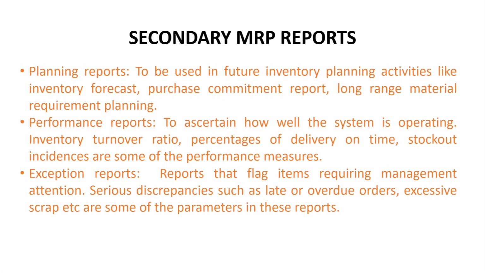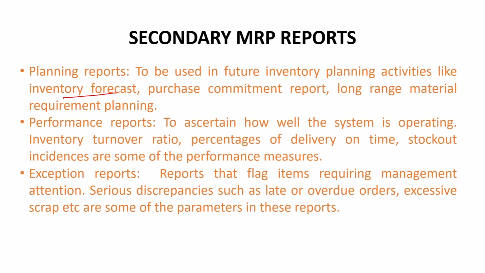You can do the inventory forecast in advance based on your orders or material requirement in the previous period. You can make purchase commitment reports also, and long range material requirement planning can be done. You can develop the vendors also, and have long term negotiations with the vendors.